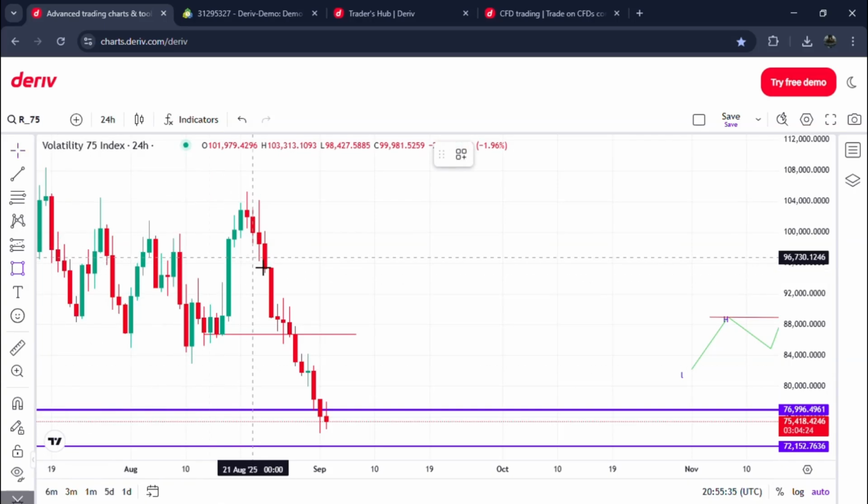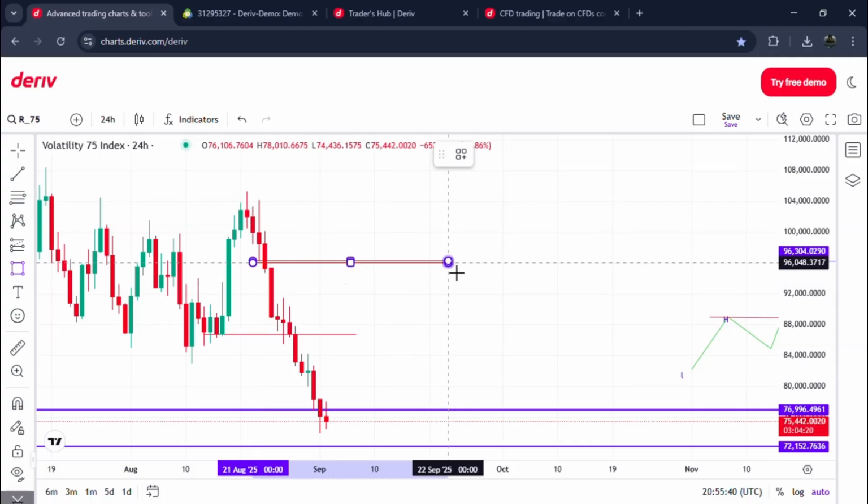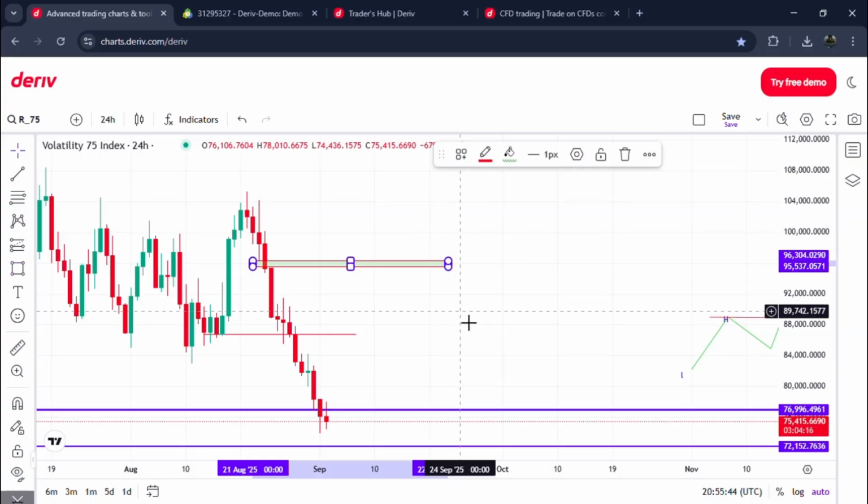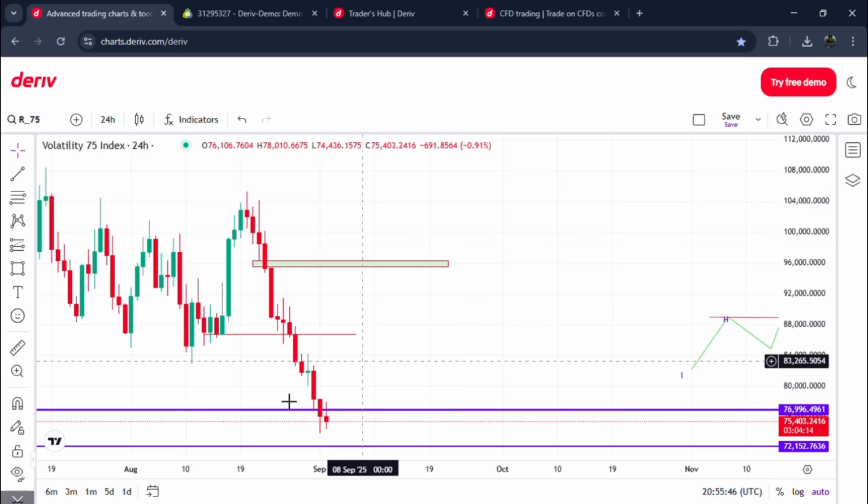You can just identify a fair value gap like that one. You can clearly see that's a fair value gap. So the market may choose to do different things. Number 1, I'm not looking for that, I'm looking for path.